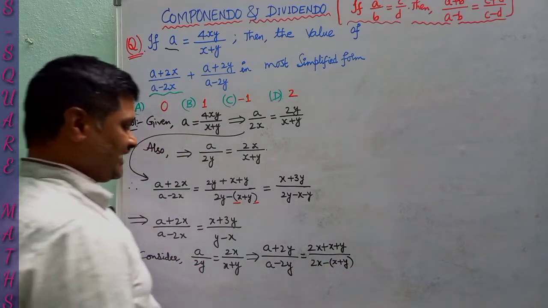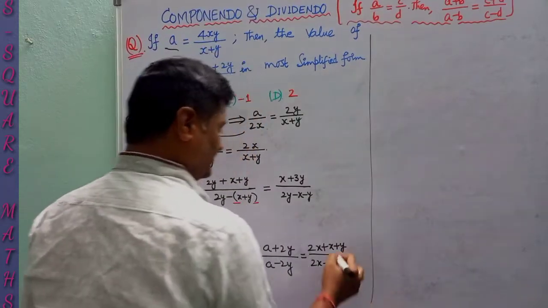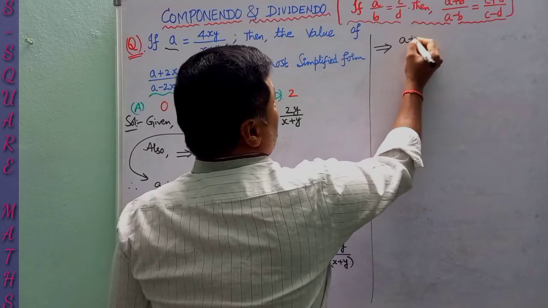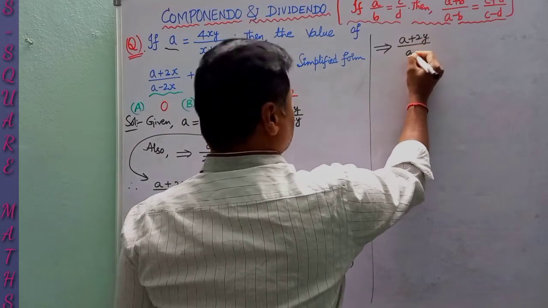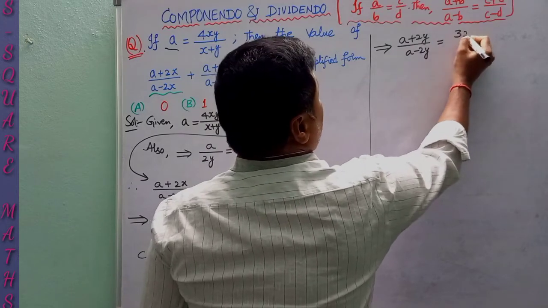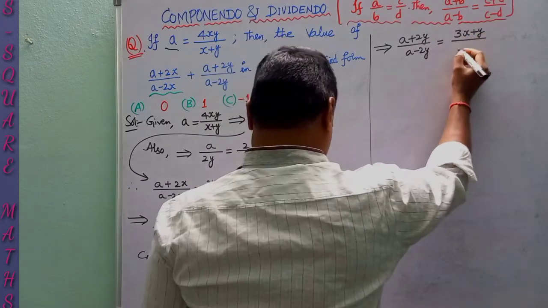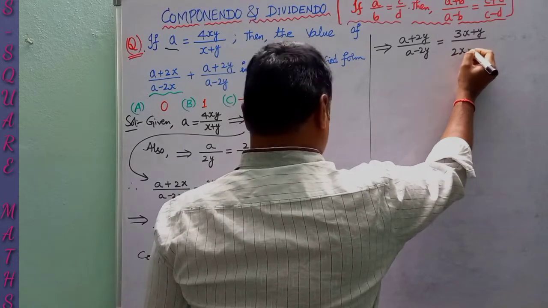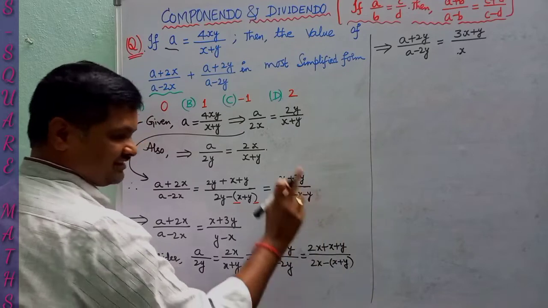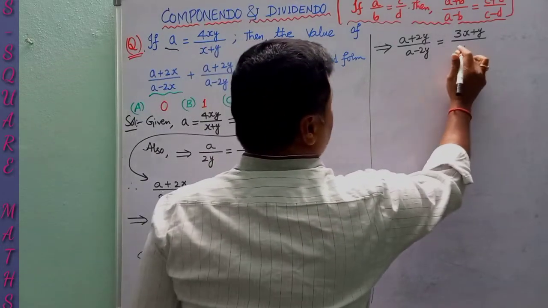After this I get a plus 2y by a minus 2y is equal to 3x plus y by 2x minus x minus y, which is x minus y.